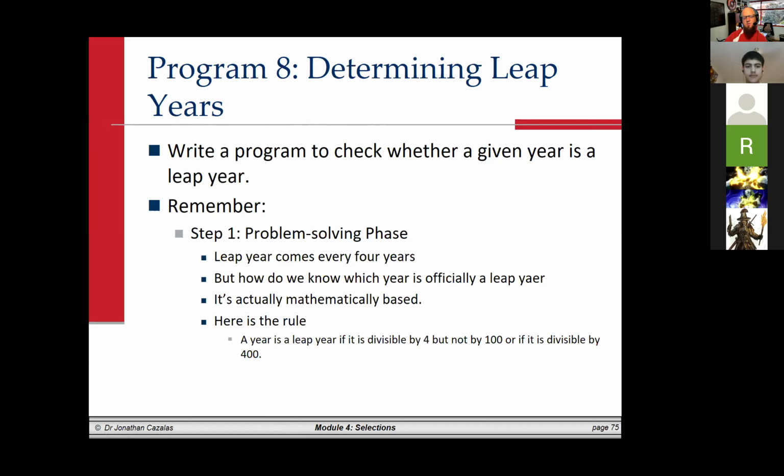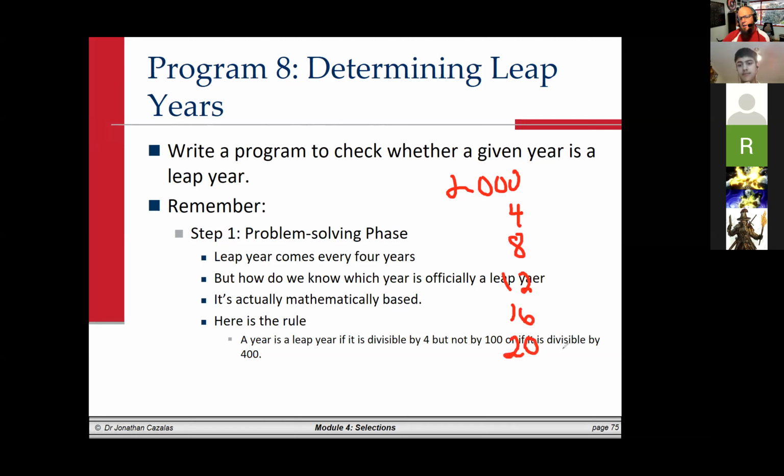The rule is, as you see there, a year is a leap year if it is divisible by 4, but not 100, or if it's divisible by 400. So the year 2000 was a leap year. Therefore, 2004 is a leap year, 2008, 2012, 2016, 2020.